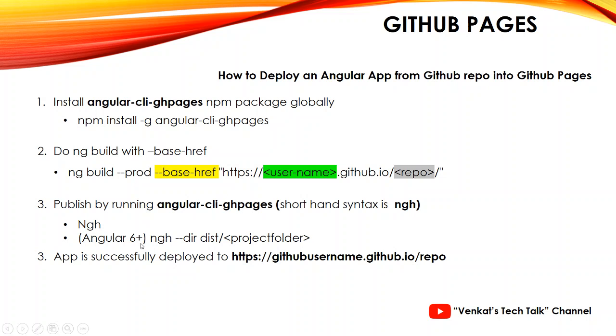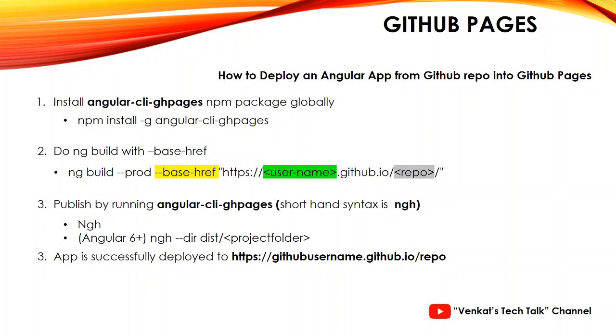For Angular 6, we need to run ngh --dir dist/project folder. This is the command that we need to run for the Angular 6 version. Once we run this command, our Angular app will be published to GitHub at this specific URL format: https://github username.github.io/repository.